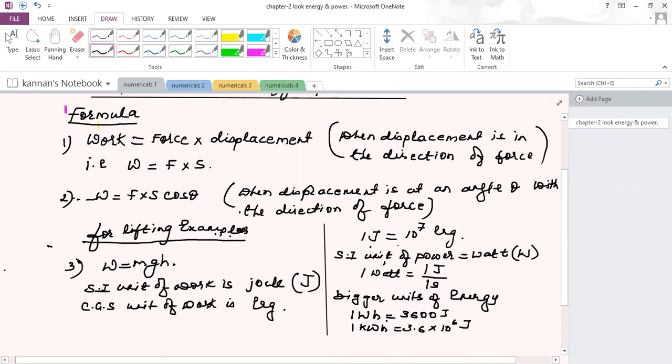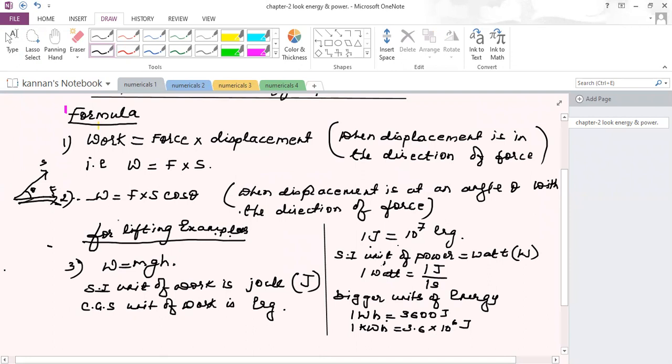Suppose this is the direction of the force, and this is the direction of the displacement. So there is an angle theta between them. Then W is equal to Fs cos theta.